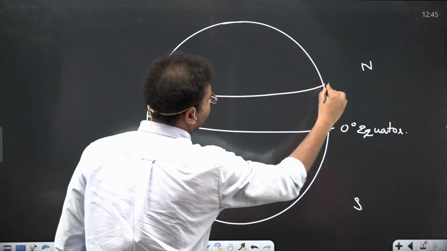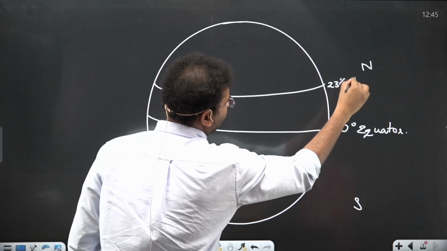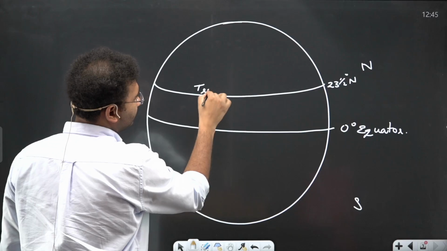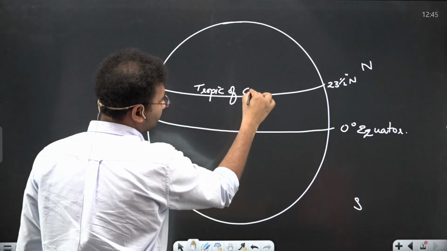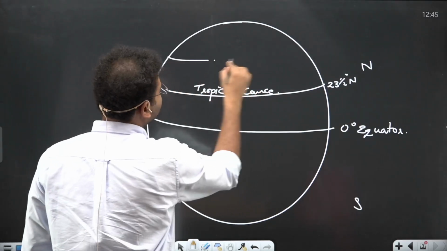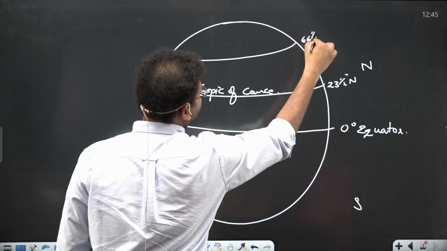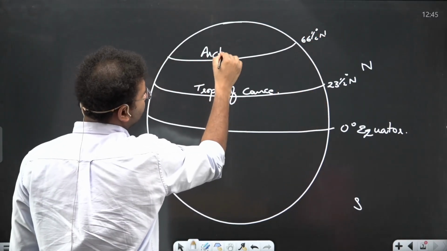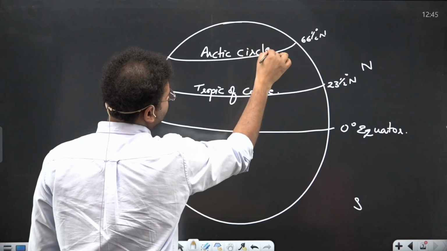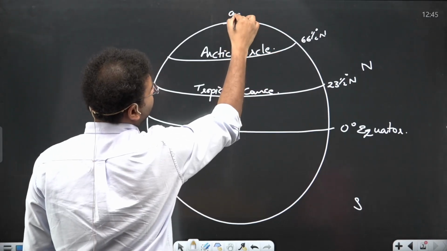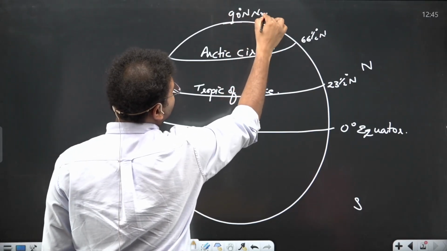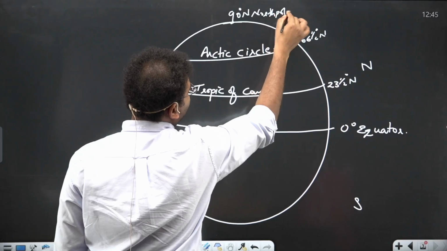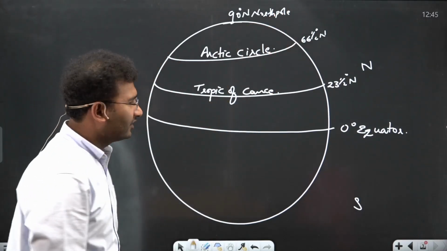And 23.5 degrees north, this is called as Tropic of Cancer. 66.5 degrees north, this is called as Arctic Circle. And 90 degrees north, this is called as North Pole, right? These are the most important latitudes in the northern hemisphere.